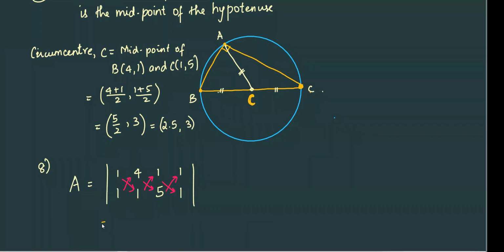So we get 1 into 1, 1, minus 1 into 4, 4, plus 4 into 5, 20, minus 1 into 1, 1, plus 1 into 1, 1, minus... oh, this should be half. Area of the triangle will be half of this.